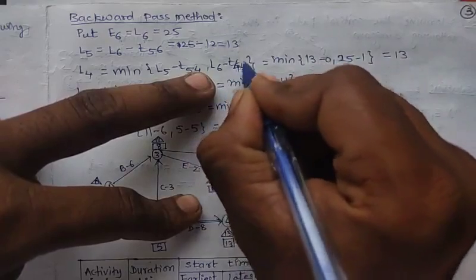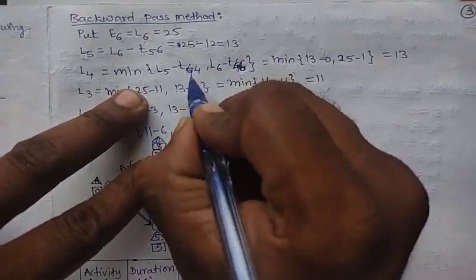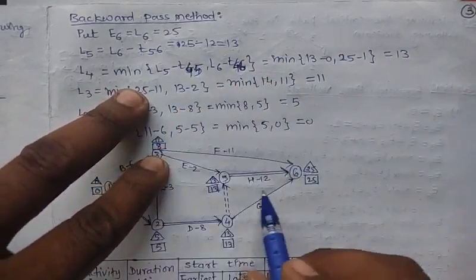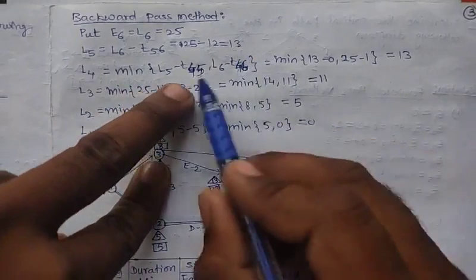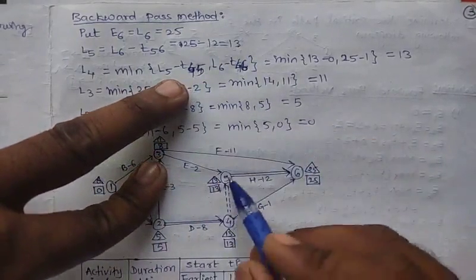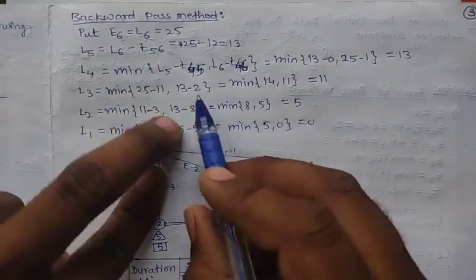Now here 4 to 5. What is the value of L5? L5 is 13 minus the 4 to 5 distance. Here this is a dummy activity, so there is no time duration, which is 0.